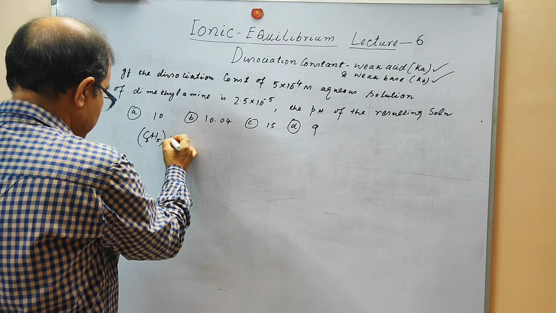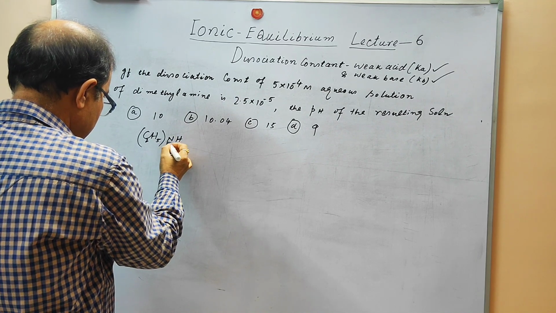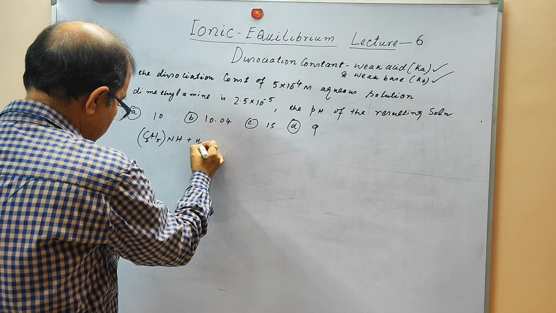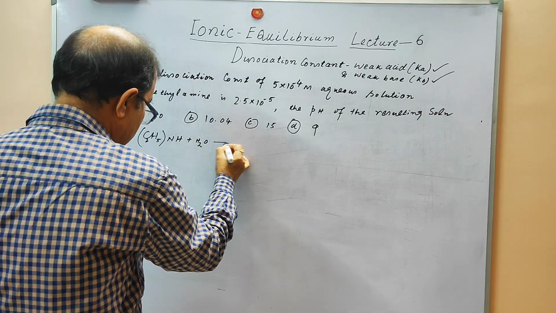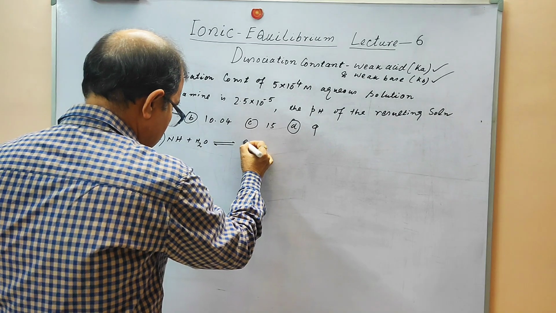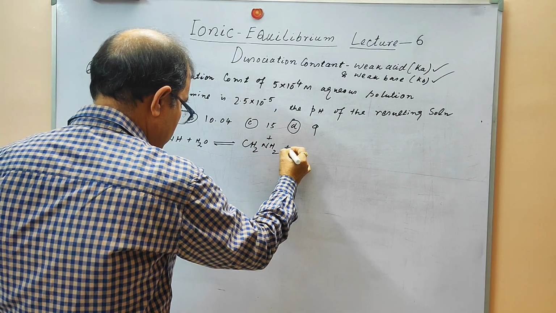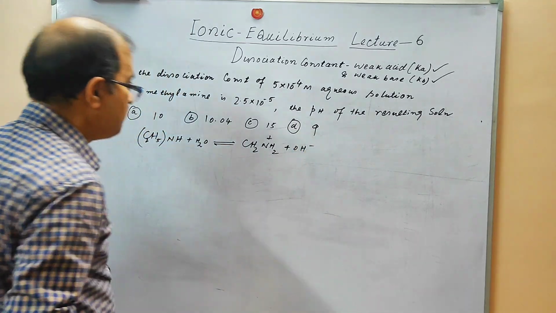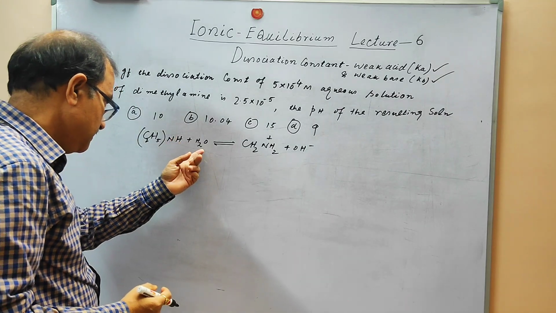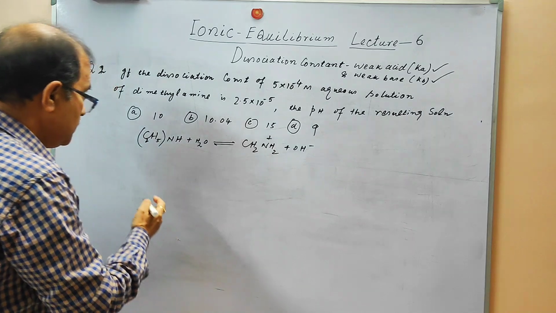That is the ethylamine, C2H5NH2, and when it reacts with water, the dissociation equation is C2H5NH3 plus and OH minus. So you see the base is taking the H plus ion from H2O, which acts as an acid, and it will give this.